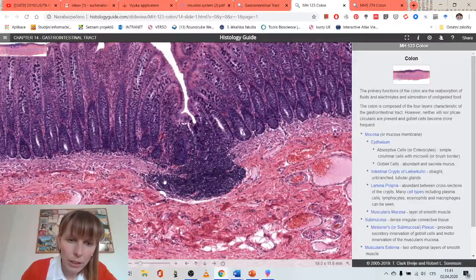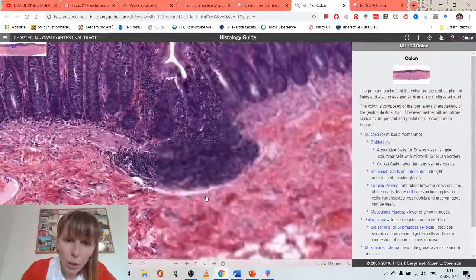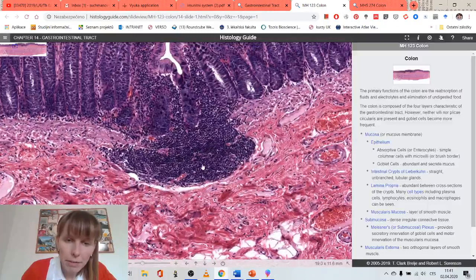So the accumulation of the lymphatic tissue will always look like all the lymphatic tissue that we saw. So a lot of nuclei, very purple. So these are lymphocytes.